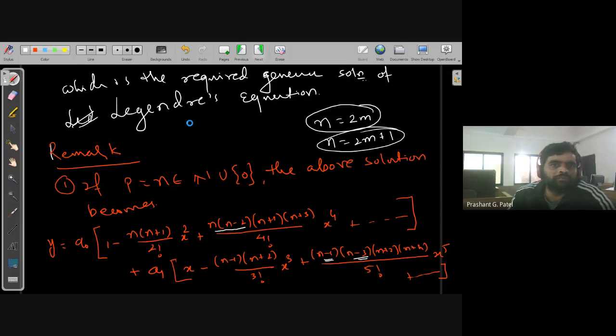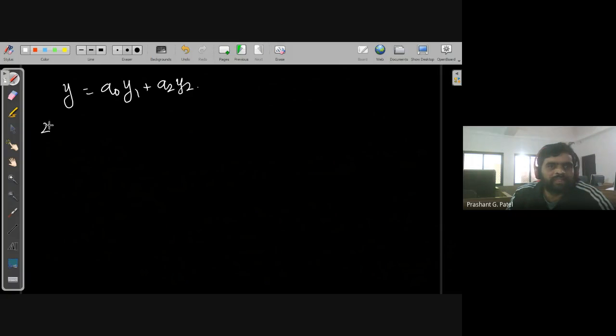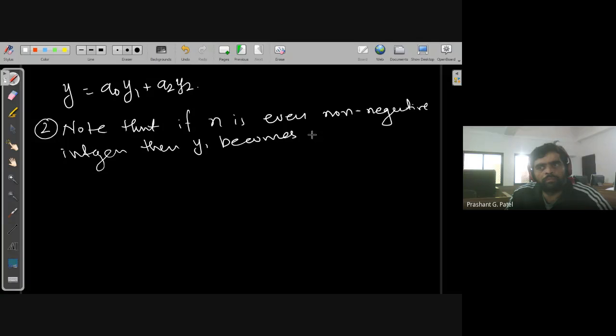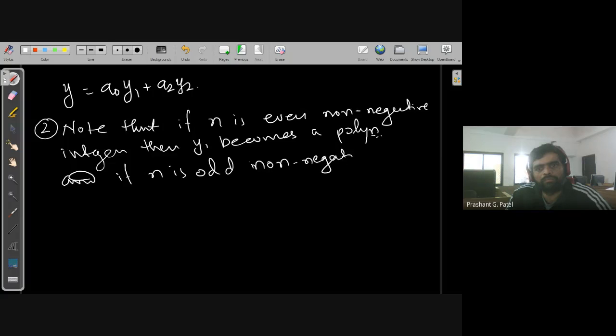So what is the conclusion? We can make out that if n is an even integer, then y1 becomes a polynomial, and if n is an odd integer, then y2 becomes a polynomial.